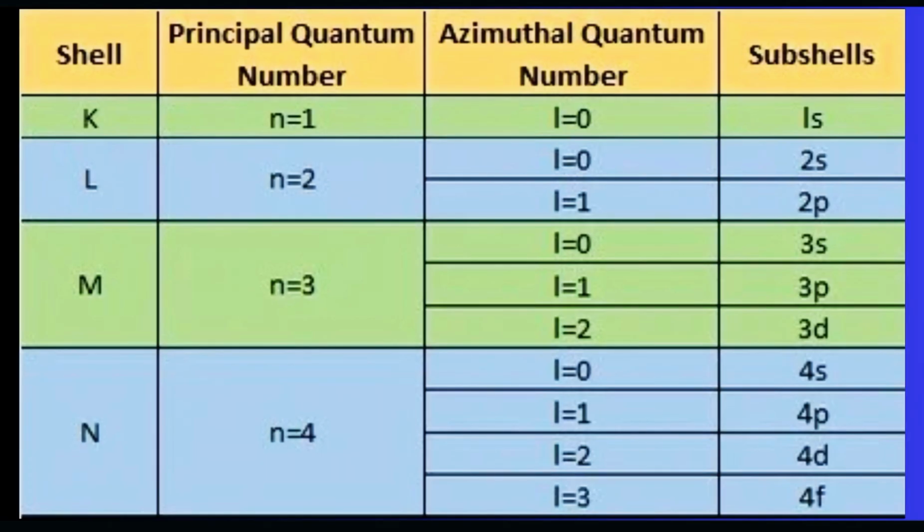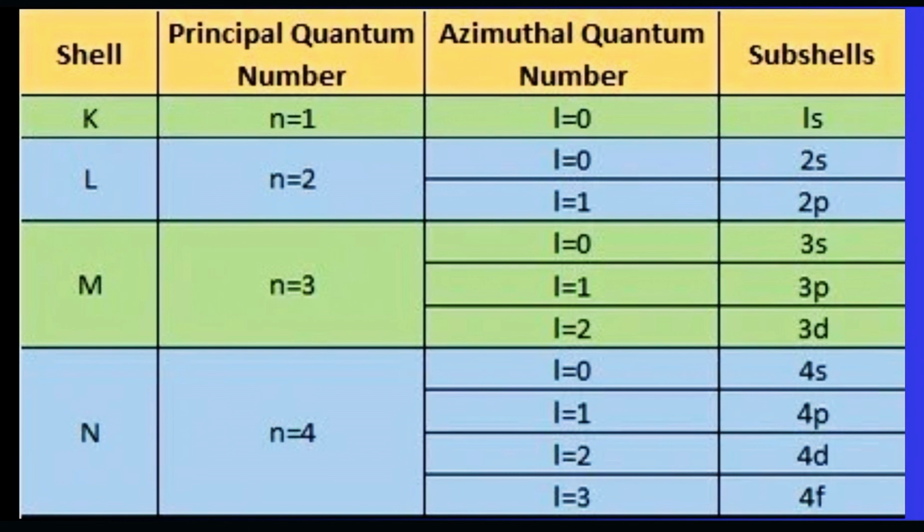Now come to the table. Here you can see for shell K, the principal quantum number n is equal to 1, where the azimuthal quantum number l is equal to 0 and the subshell is 1s.